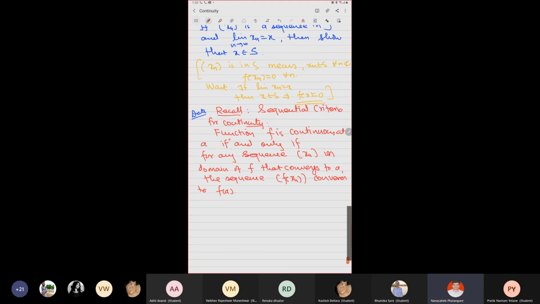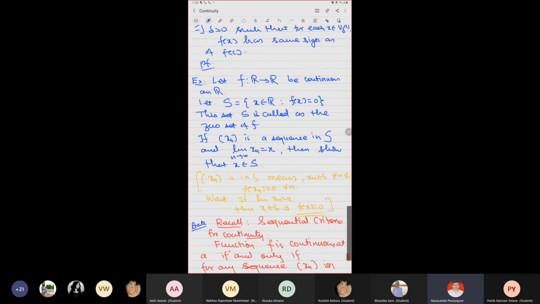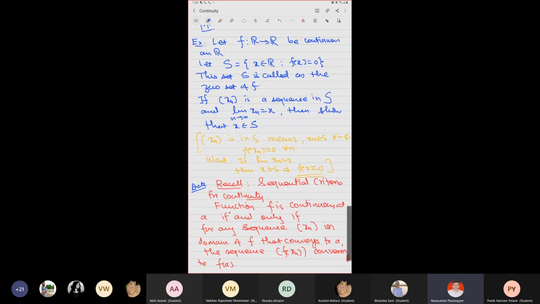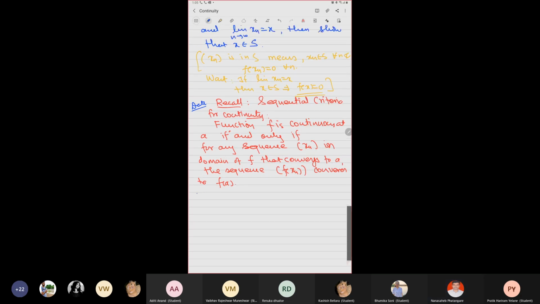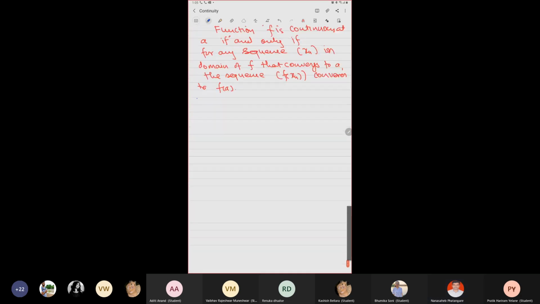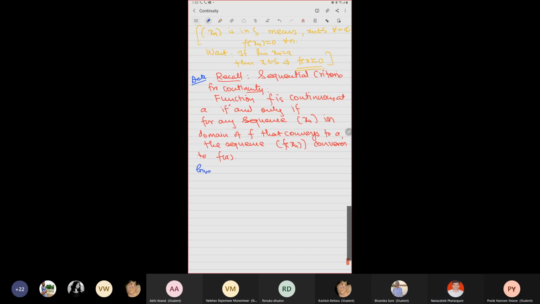Okay, so if you understand the sequential criteria, then the solution of the above problem is easy. What is given? First, f is continuous on R. Second, S is the set of those real numbers in the domain at which f of x is equal to 0.